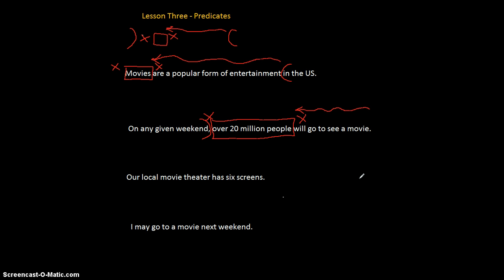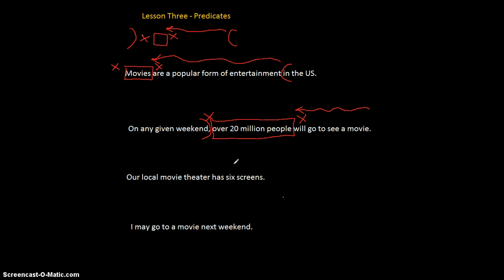Our local movie theater has 6 screens. I take a look and I see there are no shifters. A lot of people will say, oh, the X word is has, but let's try it first. Our local movie theater has not 6 screens. That doesn't sound quite right. Has our local movie theater 6 screens? Again, it doesn't sound quite right.